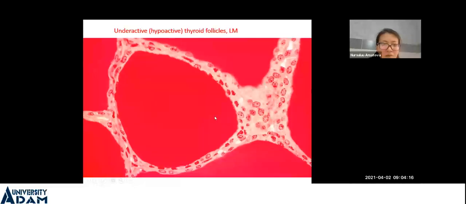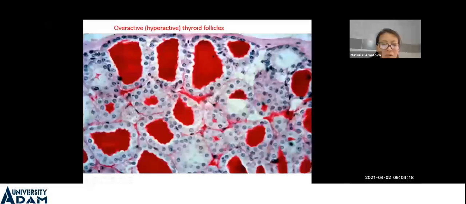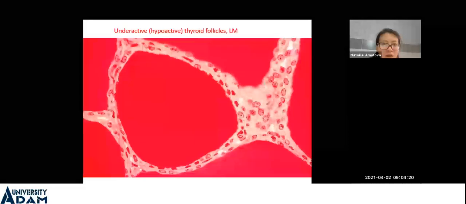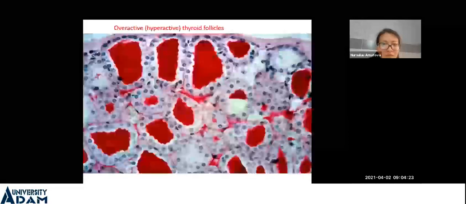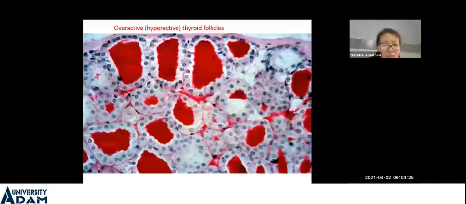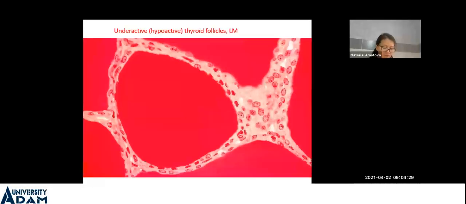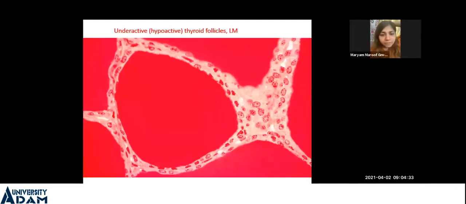Can you tell me why these are hypoactive and hyperactive? What are the reasons for this? Hyper means excessive, and hypo means less. Excess what?